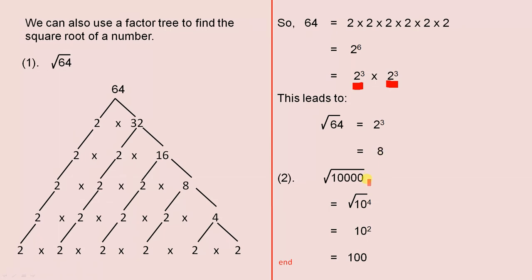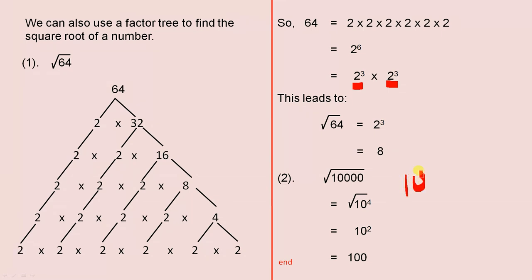The square root of 10,000. Now we can write 10,000 using a base and a power as 10 to the power of 4. We saw that in an earlier video. So we have 10 to the power of 4. So the square root of 10 to the power of 4 must be 10 to the power of 2. How do we know that?